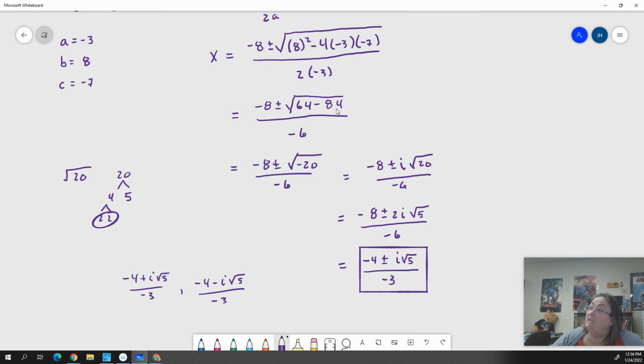We did it because when we had this 64 minus 84, the total was negative, right? So we were left with negative 20. If we were going 84 minus 64, then it would have been a positive 20, and we would have just had to break down the square root. There wouldn't have been an imaginary. So anytime when you finish all of the math underneath this square root, if your answer is negative, you just have to pull it out as an I, and then it's positive.